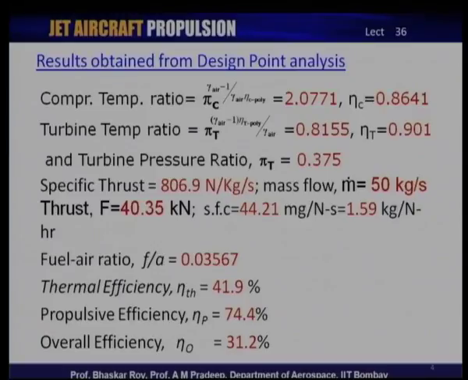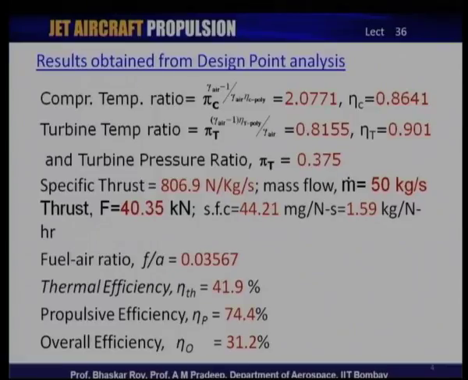For example, the compression temperature ratio can now be written down in terms of the polytropic efficiency that has been given and the pressure ratio that has been given. Given that pressure ratio and a polytropic efficiency, and given the value of gamma air that is 1.4, a normal value of gamma, we get a temperature ratio across the compressor as 2.0771.